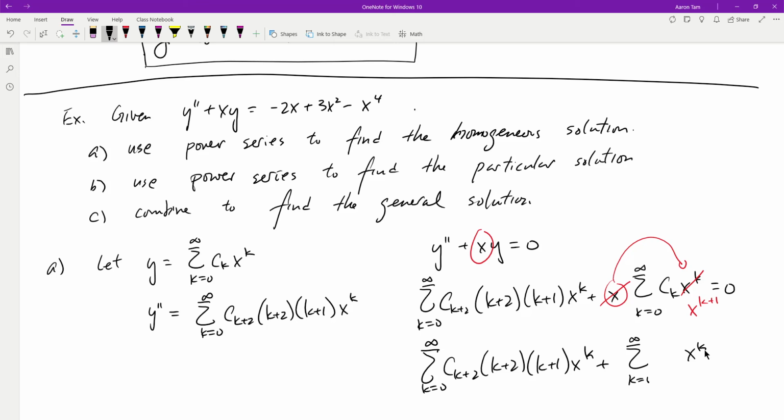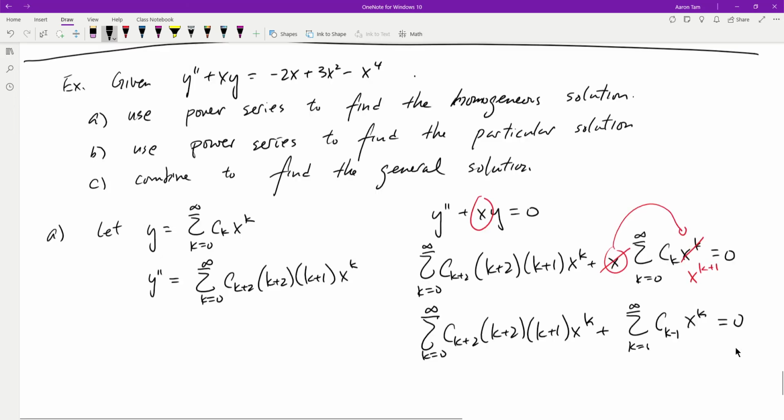The problem is if I look at the top summation, when I plug in 0, I start with the c sub 0 term. So to fix that, we'll put c sub k minus 1. That way when I plug in 1, I will get the c sub 0 term and x to the first power, which is exactly the same as if I plug in 0 in our first summation, k from 0, c sub k, x to the k plus 1. So that's how I fix it. But of course, now I create a new problem.